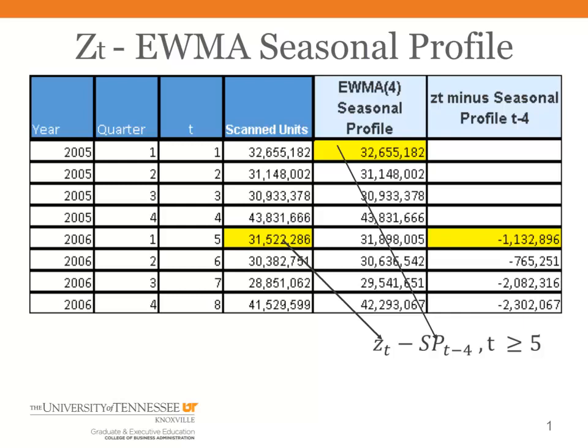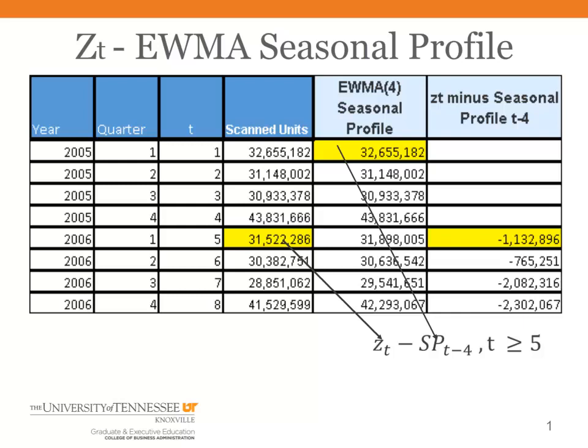Now, rather than looking at how much the current quarter differs from the same quarter of the previous year, let's look at how much it deviated from the most recently computed seasonal profile for the same quarter. So it's the seasonal profile of the same quarter in the previous year.